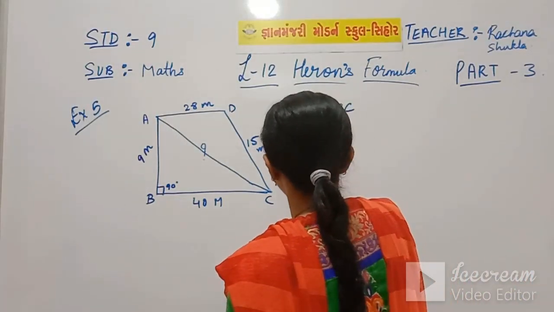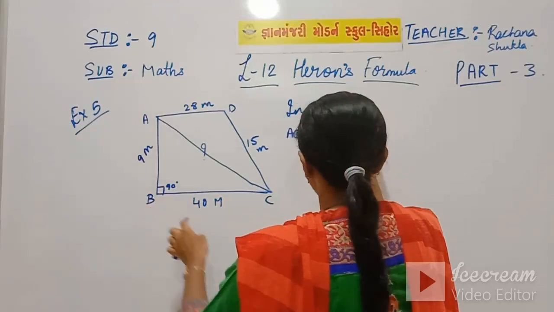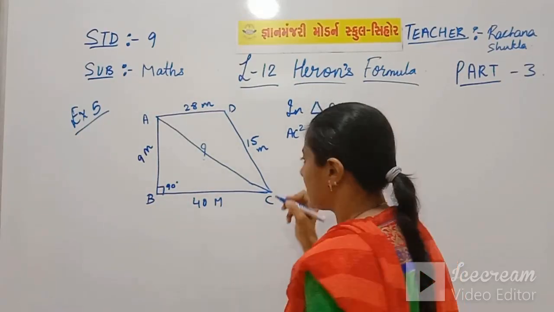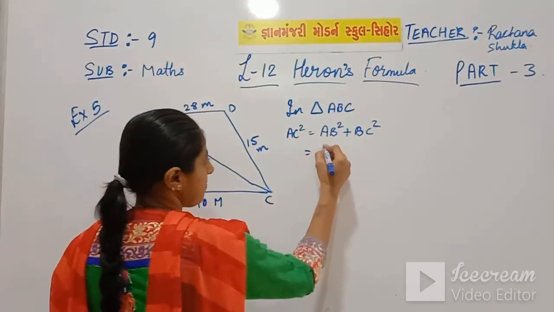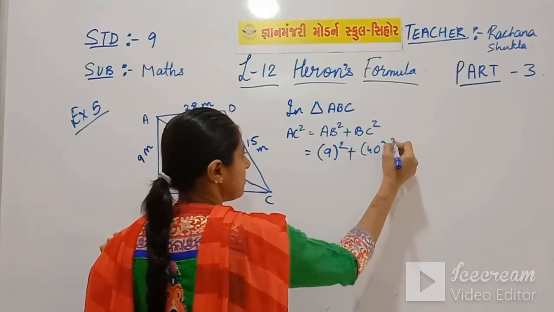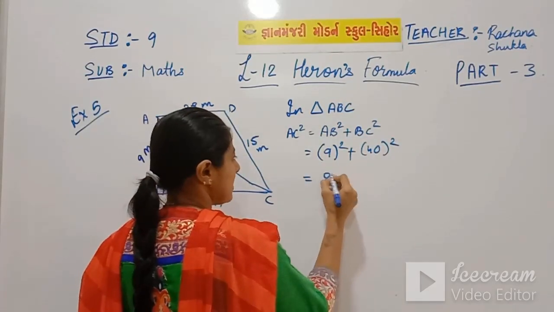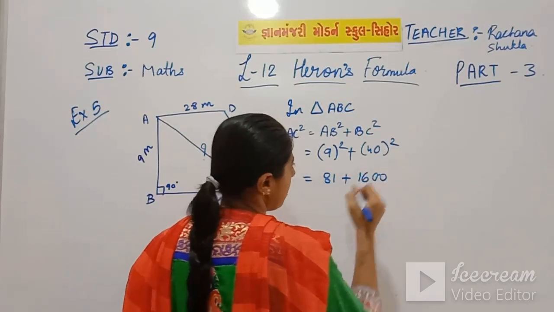So AC square equals AB square plus BC square. This is Pythagoras theorem. AB square is 9 square plus 40 square. So 9 square is 81 and 40 square is 1600.